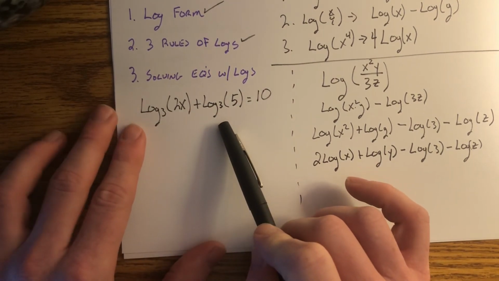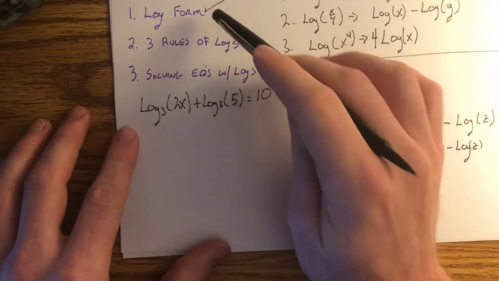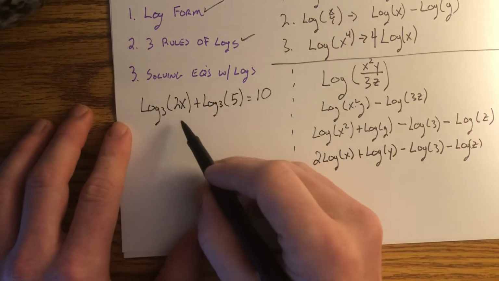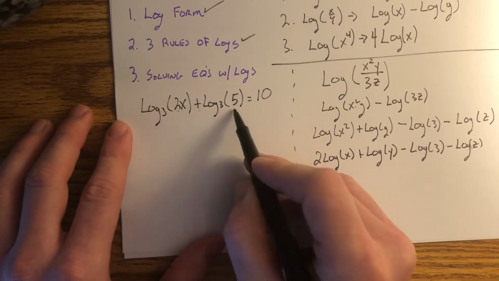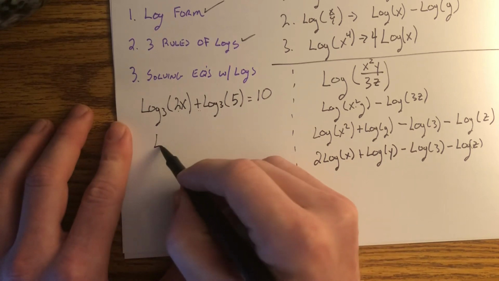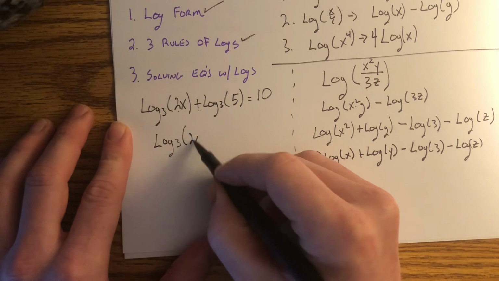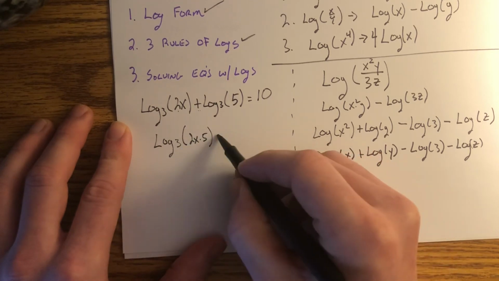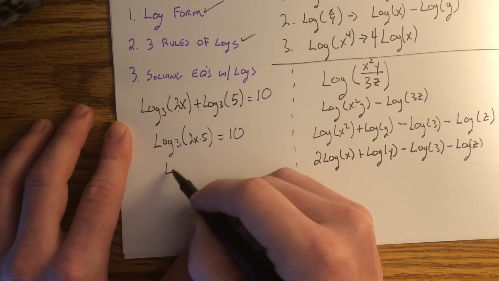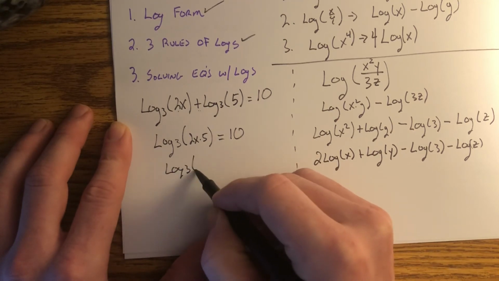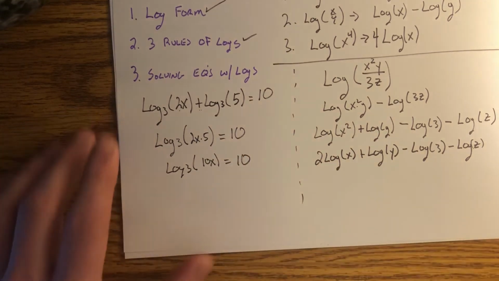They're in log form, so we need to write an exponential form. So this is kind of combining this and this into one step. So again, if I have addition with 2 logs, I can make that multiplication. Log base 3 of 2x times 5 with 1 log, so it gives me 10x. So that's going to be log base 3 of 10x equals 10.